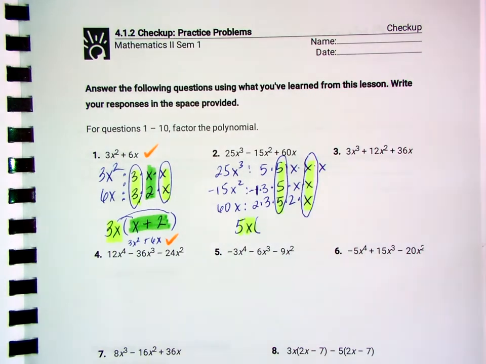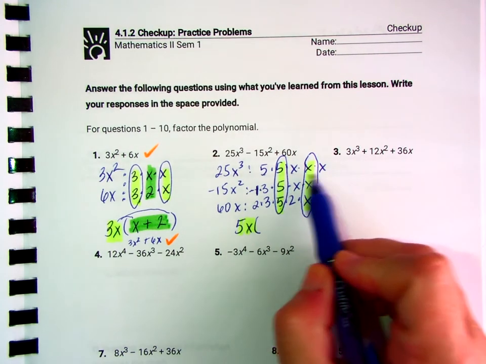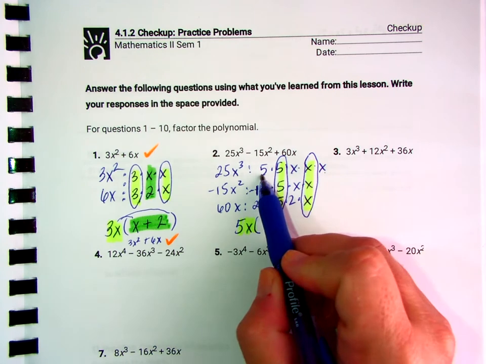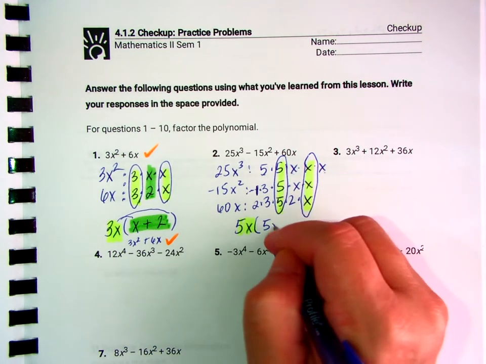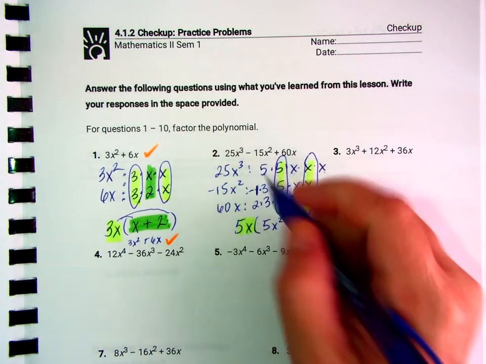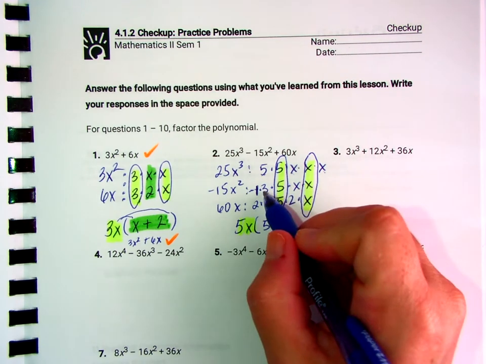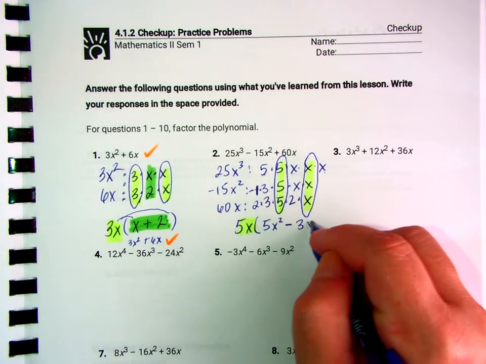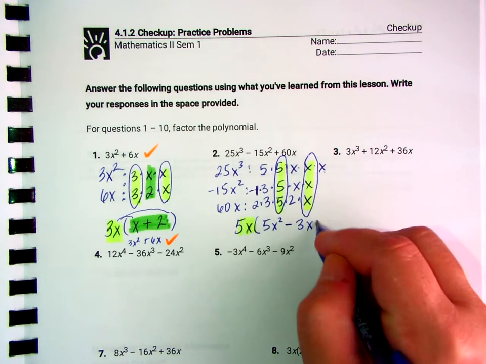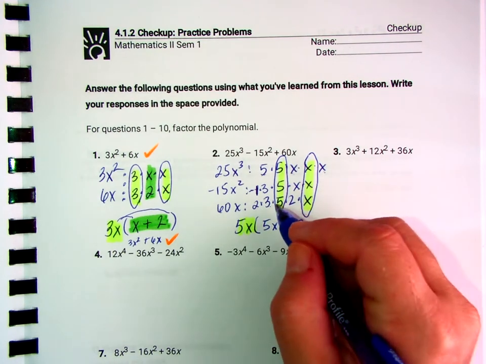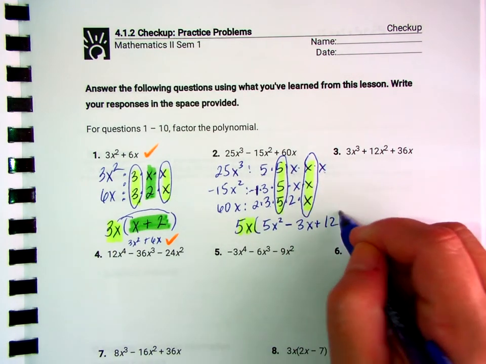and the remaining items are all going to multiply and go back as my original terms inside. So 5 times x makes 5x squared, minus 3 times x, plus 2 times 3 is 6, 6 times 2 is 12.